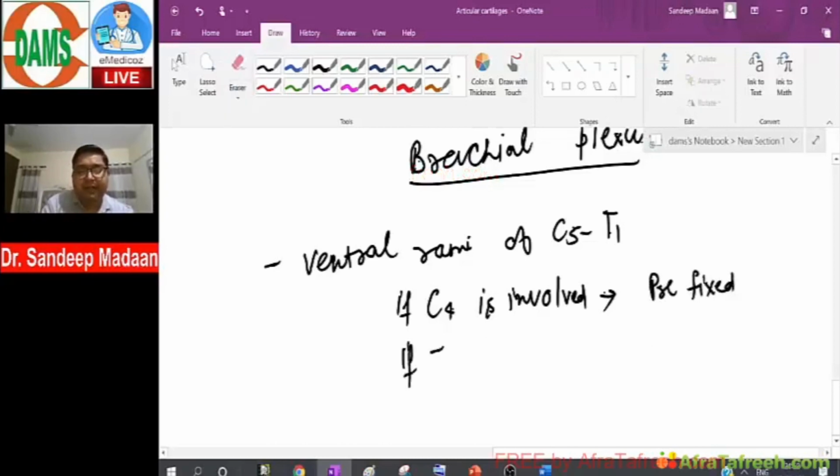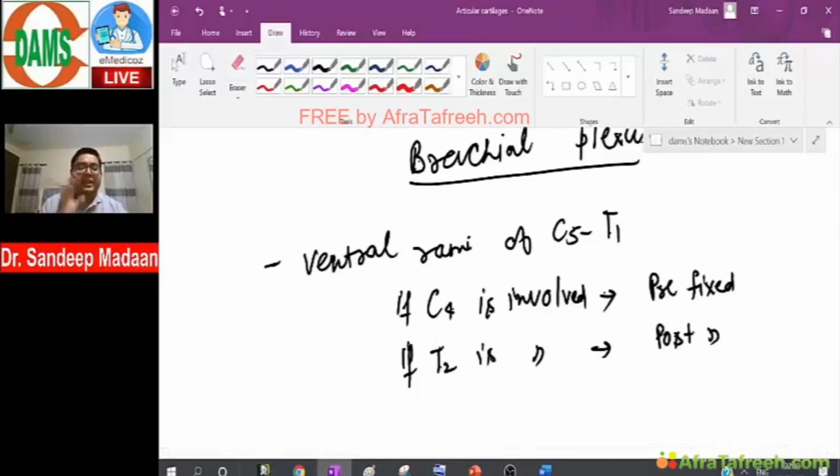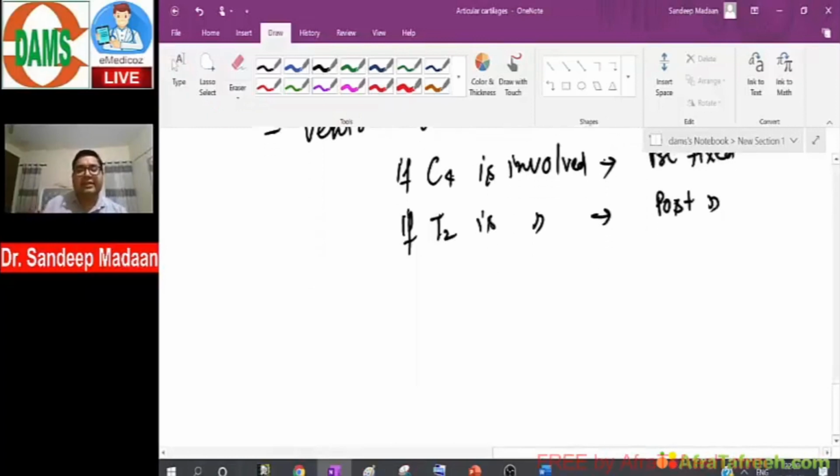And if T2 is involved, it is called postfixed type. So normally it is formed by the ventral rami of C5 to T1. If by chance as a variation C4 is involved, we say it is prefixed type. It is a term that we need to remember. And if T2 is involved, it is called postfixed type of brachial plexus.